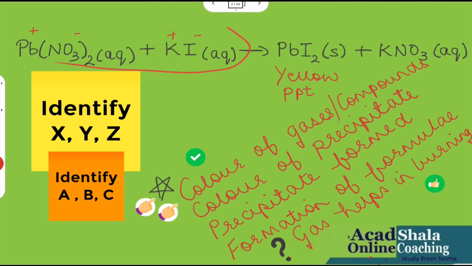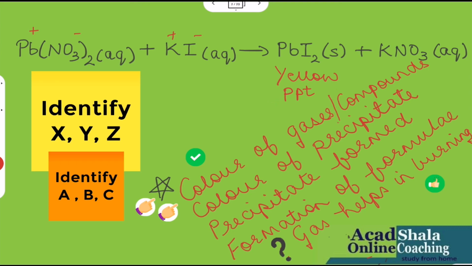Now, after this, these reactants which we have shown over here will react and form, this will go with this, that is PbI2, that is lead iodide, plus KNO3. Now, lead iodide is yellow in color, which is also the precipitate.